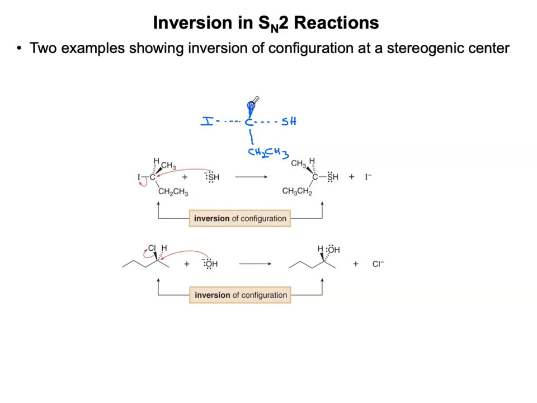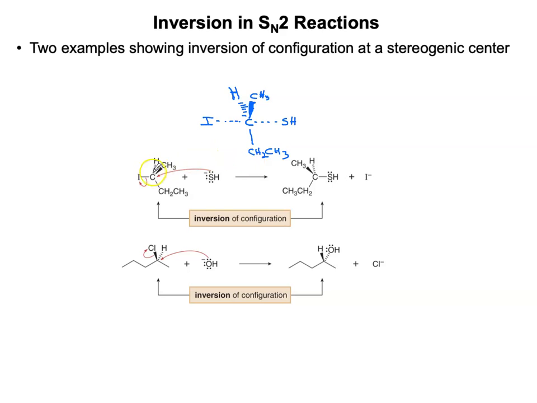So I'll draw my methyl up here, coming out toward us, just like it is in the original structure. And then I'll draw the hydrogen going back away from us, just as it is in the structure here.